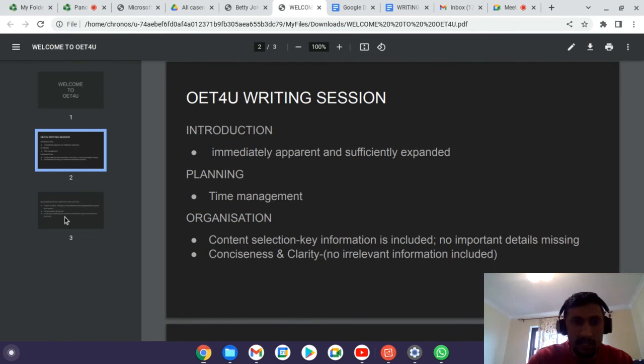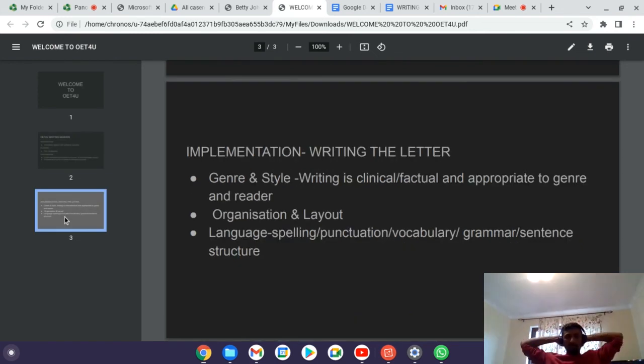Okay, so what is the next step? The next step is implementation. That means writing the actual letter. So what you have done is, in the first 5 minutes, you read the case notes and writing task, reading from top to bottom a couple of times. Then you used your pencil to find out which is actually the needed information for your letter.